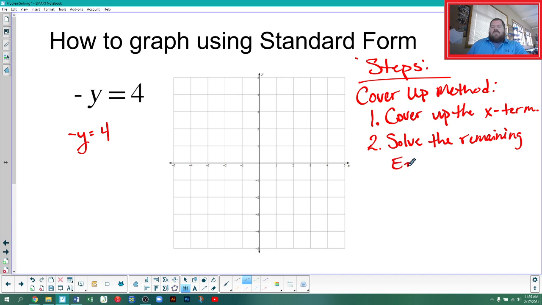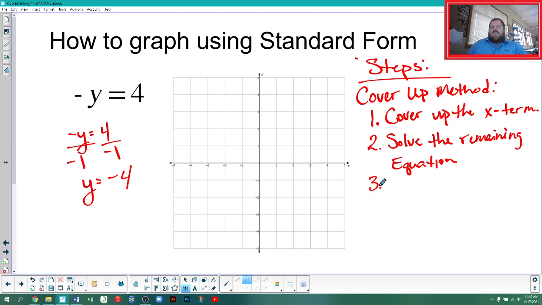So solve that remaining equation. Okay. If I solve that equation, negative 1 is being multiplied by y, so I'll divide both sides by negative 1, and I get that y is equal to negative 4.